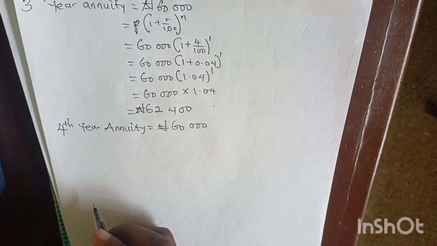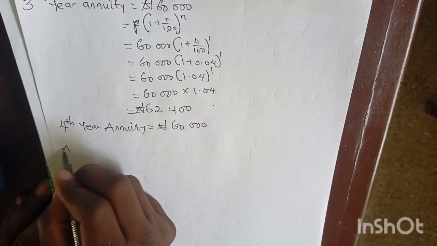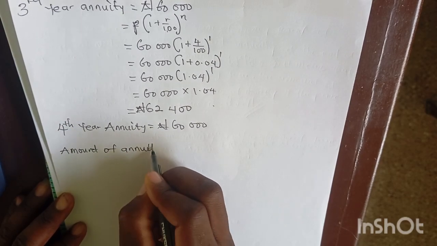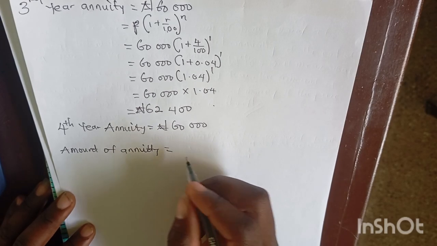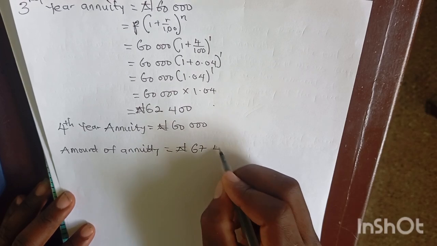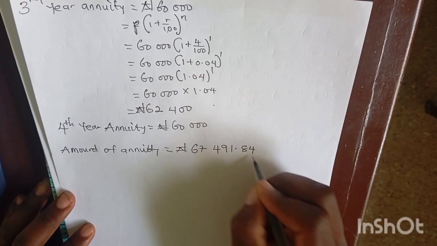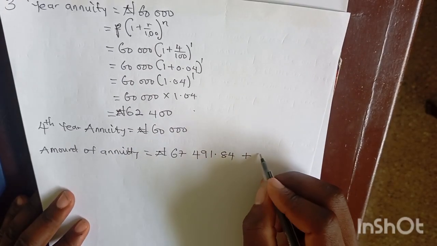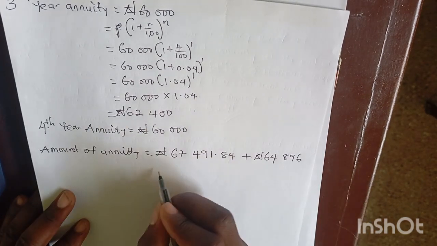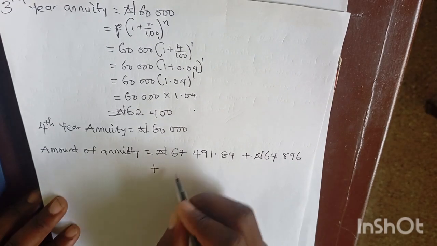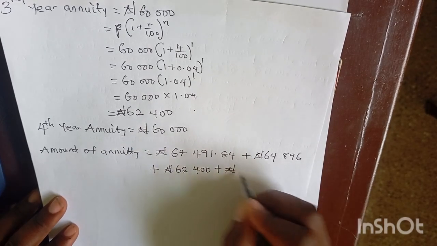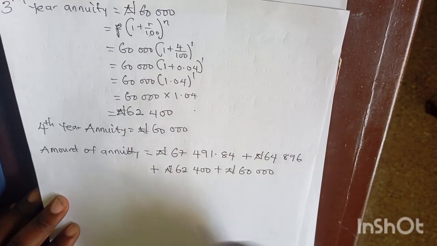So the amount of annuity is equal to the first year, 67,491.84 kobo, plus the second year, 64,896, plus the third year, 62,400, plus the fourth year, 60,000.